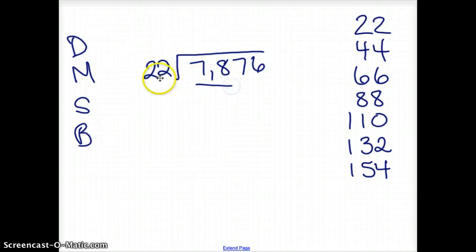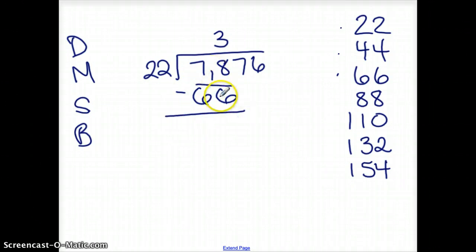So I first have 78 divided by 22. How many times does 22 go into 78? That'd be 3 times. Now I multiply. 22 times 3 is 66. Then I subtract. 8 minus 6 is 2. 7 minus 6 is 1. Then I bring down. Now I have 127. So how many times does 22 go into 127? 5 times.